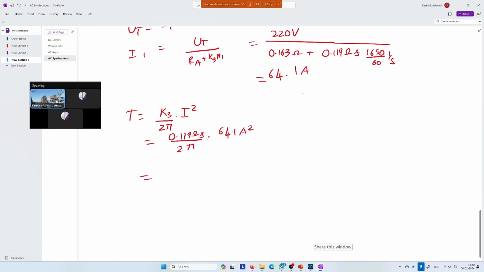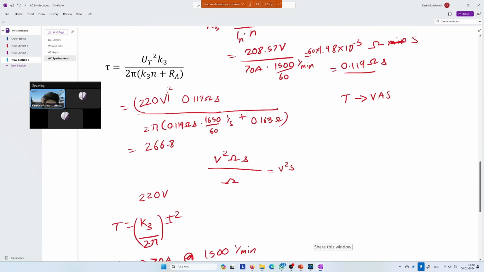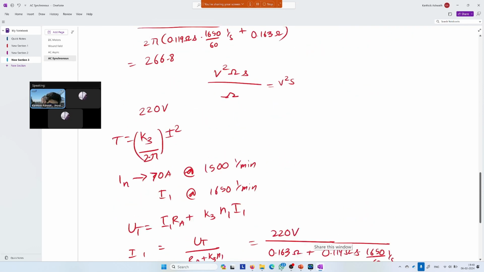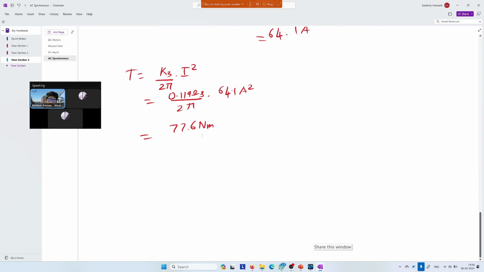So now I am having 77.6 Newton meter. I have to check why that method is not working. It's supposed to work. So now we have the correct torque, and with this we can easily get the power.